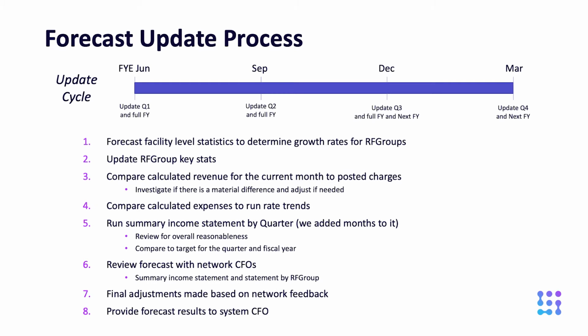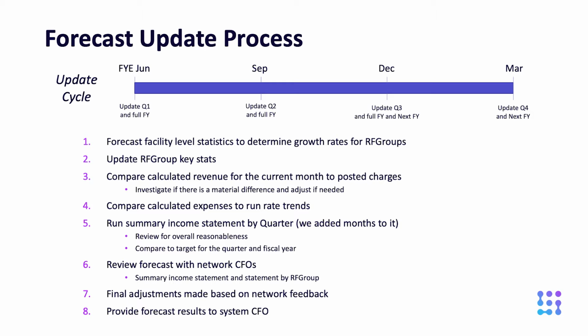This next slide goes over the process that we are currently using to update the forecasts. We update it on a quarterly basis, on the quarter end, basically. So for September, when we closed the books in October, shortly thereafter we started updating the forecast for October through December, and then for the remainder of our fiscal year through June.